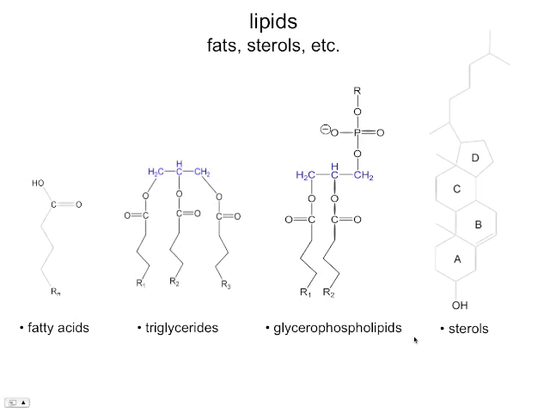Turn to the glycerophospholipids here, third from the left. You can see again that blue glycerol backbone, and only 2 of the carbons now are esterified with fatty acids. The third is modified with a phosphoryl head group. So this is a large polar head group.